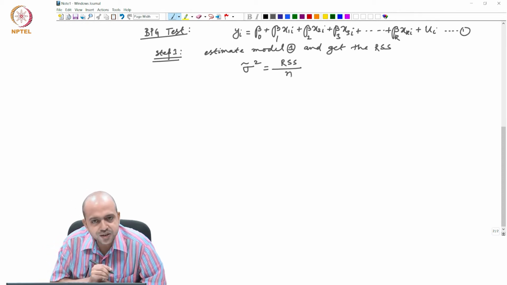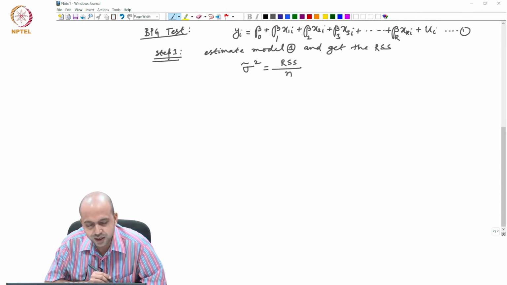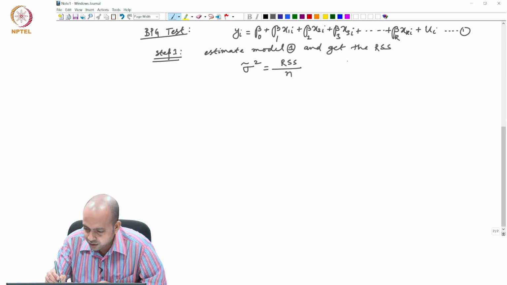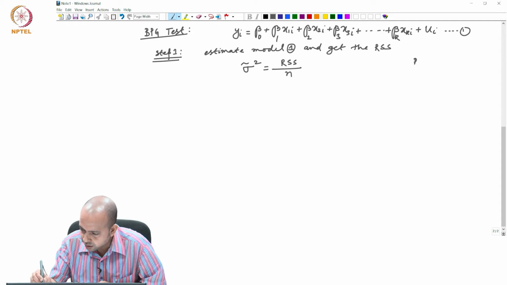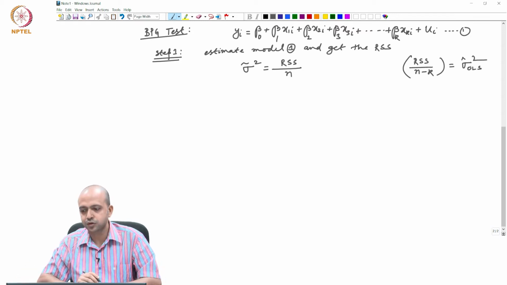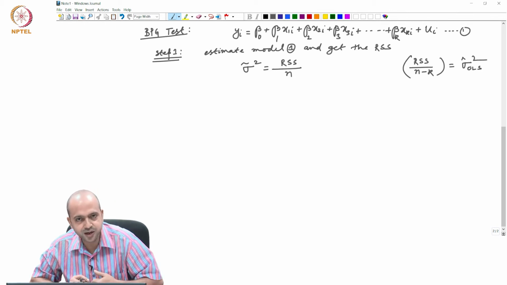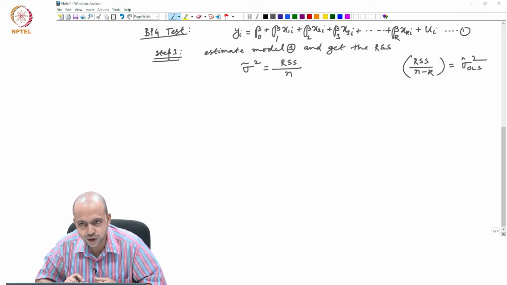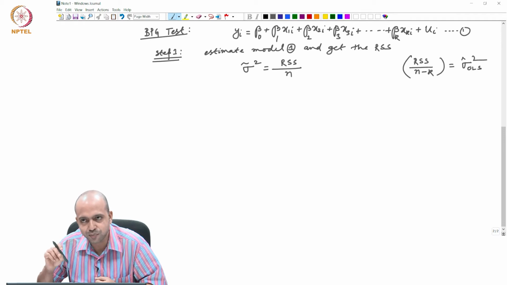Now, what is RSS by n? If you recall, RSS by n minus k is basically sigma hat square from that OLS model. That means if you divide the RSS by n minus k, you will get the sample statistic of sigma square.